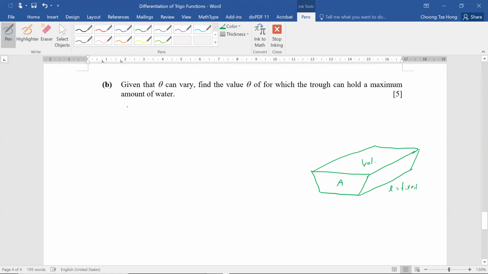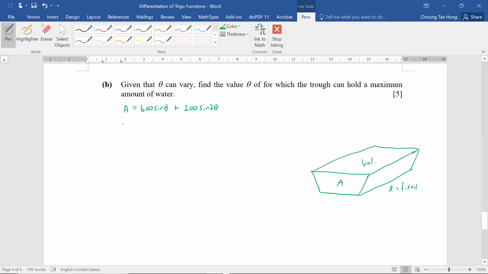The A we have is 600 sine theta plus 200 sine 2 theta. If we want the maximum area, then we know that at the maximum point for A, dA by d theta is going to be equal to 0.